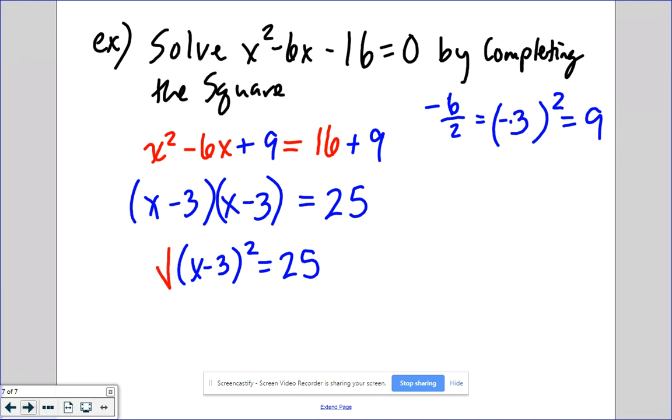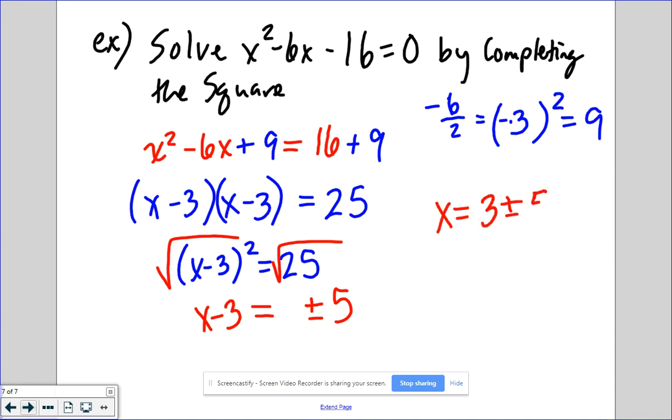Next step, take square root of both sides. Square and the square root do what on the left side? They cancel. On the right side, whenever I draw the square root, what do I have to put in front of my answer? Plus or minus. That's really important because, again, that's the only way you're going to get 2 solutions. Then I add 3 over, so I get x equals 3 plus and minus 5.